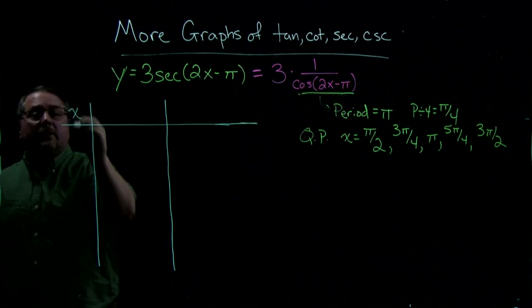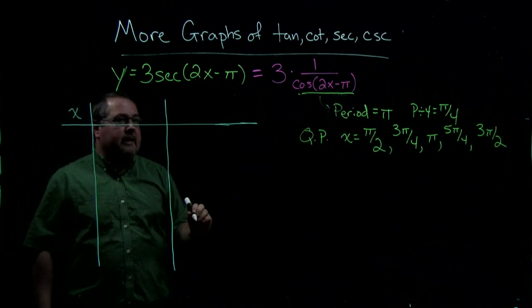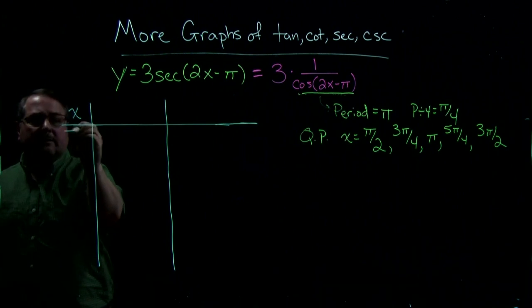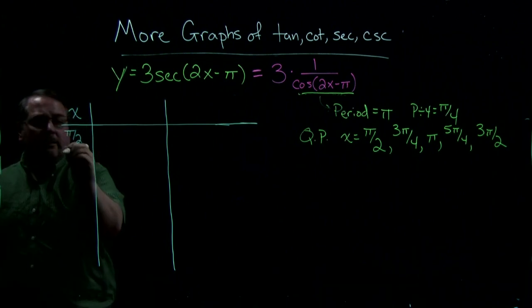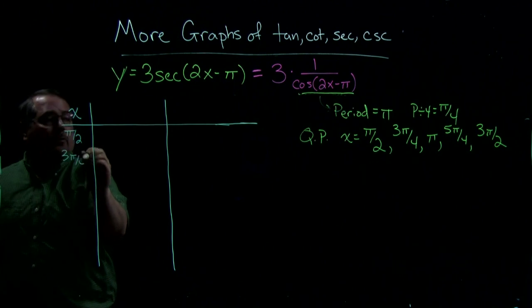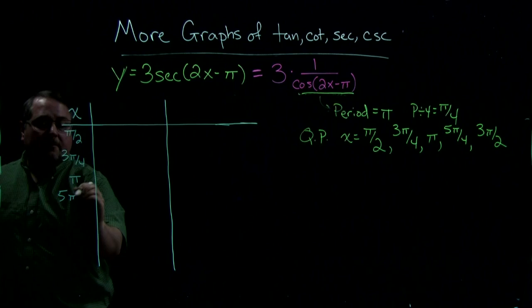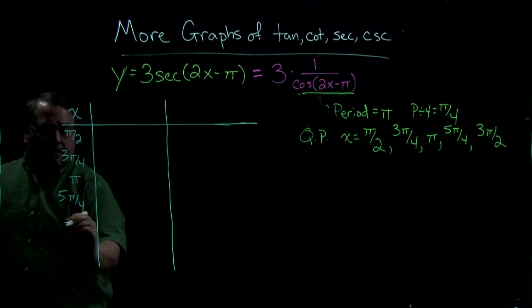So we're going to use those 5 x coordinates to do our secant graph. So we're going to have x equals pi over 2, 3 pi over 4, pi, 5 pi over 4, 3 pi over 2.